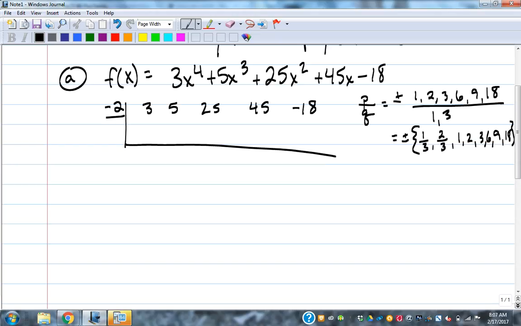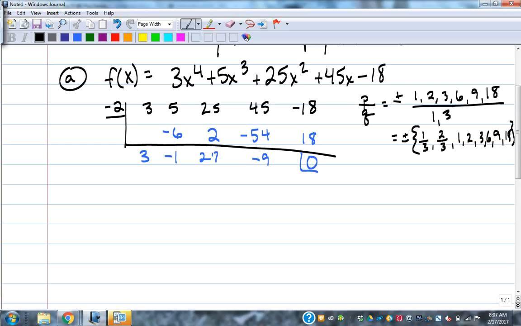So we should get a remainder of 0 when we run -2 through. Bring down the 3 and then go to work. And yeah, I do get a 0 there.